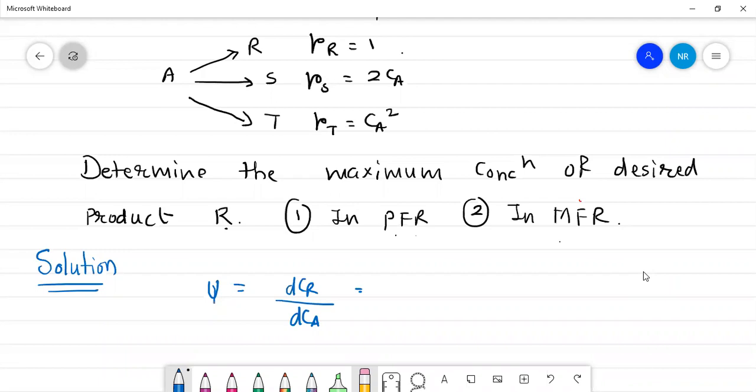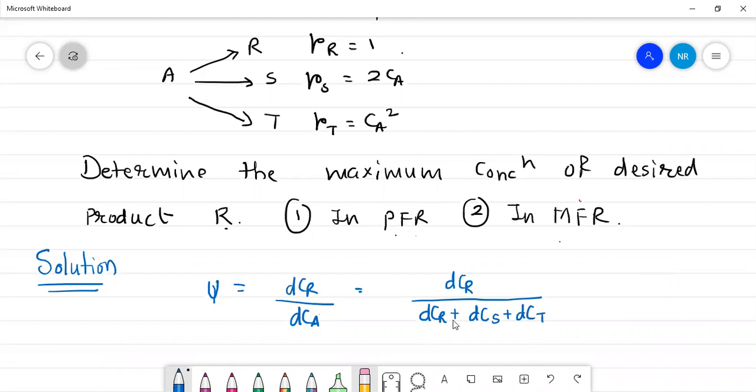Then instead of dCA, can we write down this one? dCR plus dCS plus dCT. It's okay.